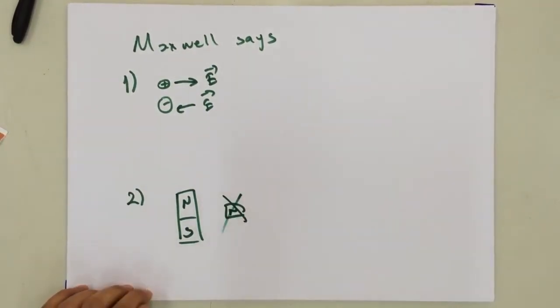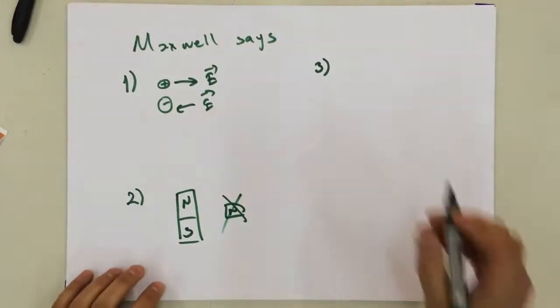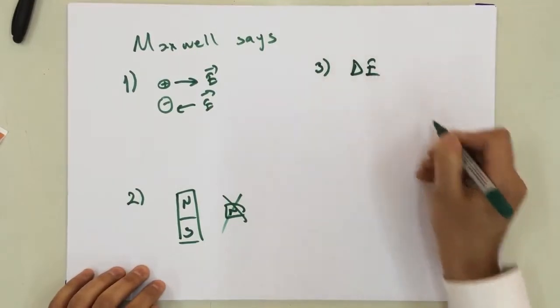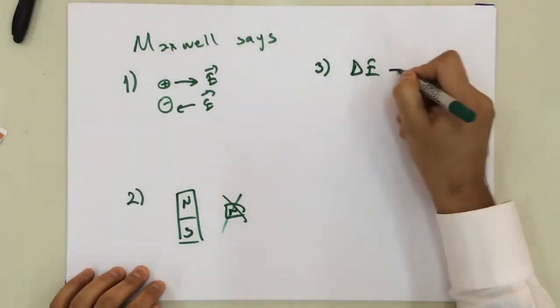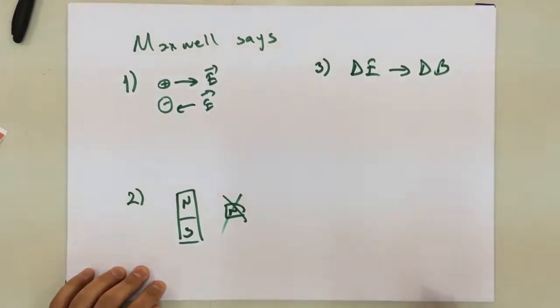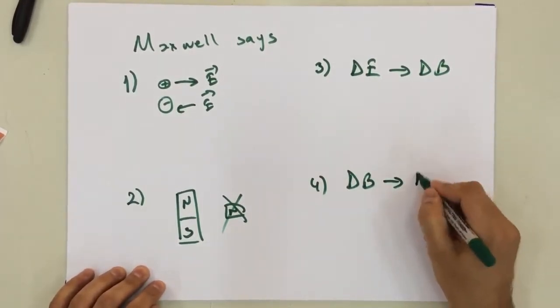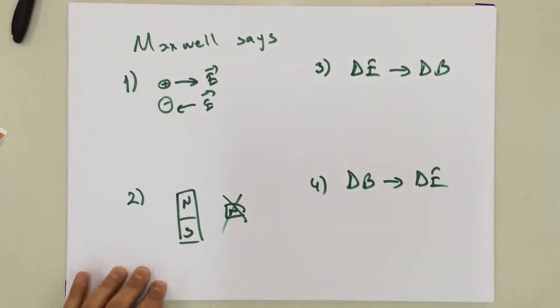This is not true. The third one, Uncle Maxwell says that if there is changing electric field, remember electromagnetic induction, it causes changing magnetic field. In fourth one, opposite of this, if there is changing magnetic field, it produces changing electric field.